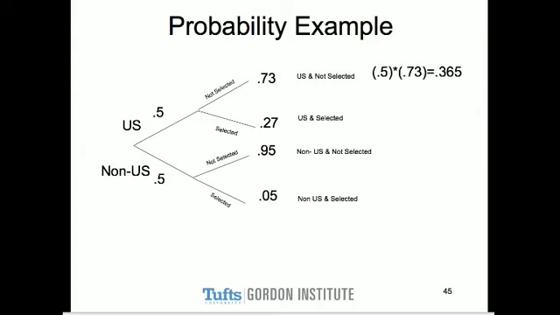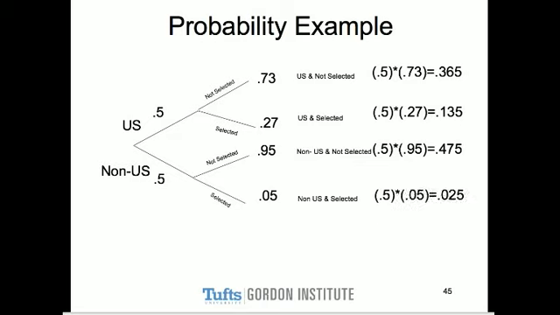Okay, so we can multiply those out, but what that probability means is right here. Okay, we see an and, and generally you want to multiply. So we have U.S. and not selected 0.365, U.S. and selected 0.135, non-U.S. and not selected 0.475, and a non-U.S. site and selected is 0.025.